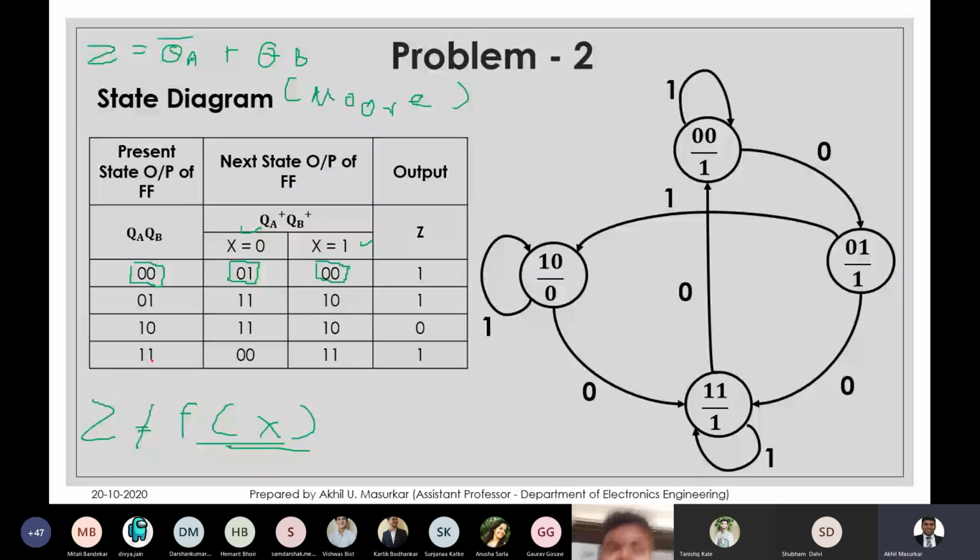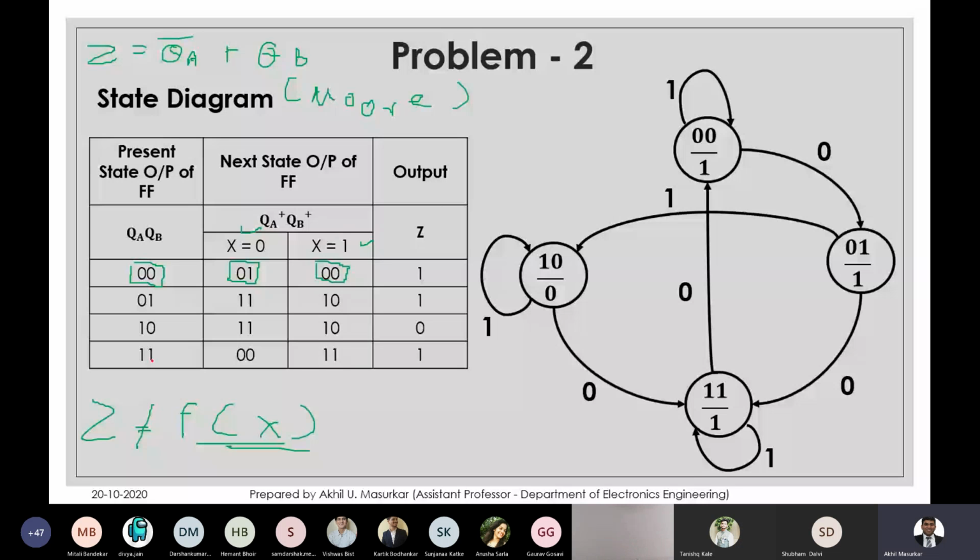Now you will calculate state equations. So QA plus is equal to what? And QB plus is equal to what?